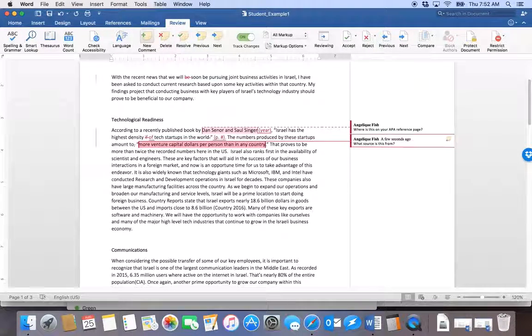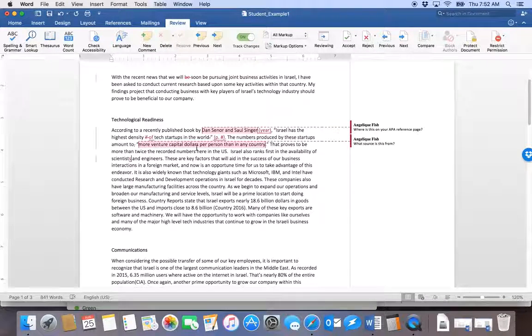Okay, that proves to be more than twice the recorded numbers here in the US. Israel also ranks first in availability of scientists. Make sure that's plural. It's easy to miss that S because ist sounds like it could have an S at the end. And engineers. These are key factors that will aid in the success of our business interactions in a foreign market, and now is an opportune time for us to take advantage of this endeavor.